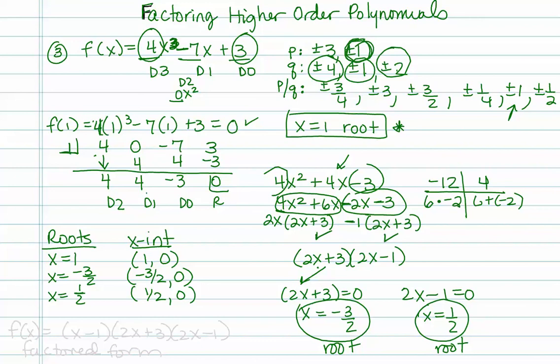You might be able to fit a second problem on the bottom of this page. Oh wait, I'm writing this polynomial in factored form. Where's the first factor? Since the root is 1, then it'll be x minus 1. The other ones were 2x plus 3 and 2x minus 1. So this would be the factored form.